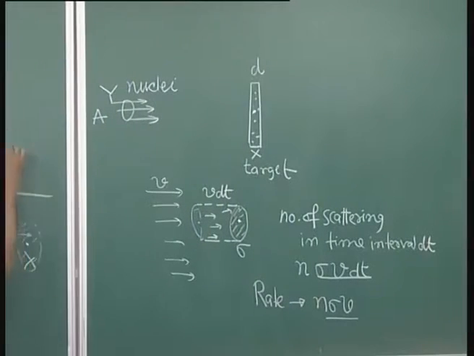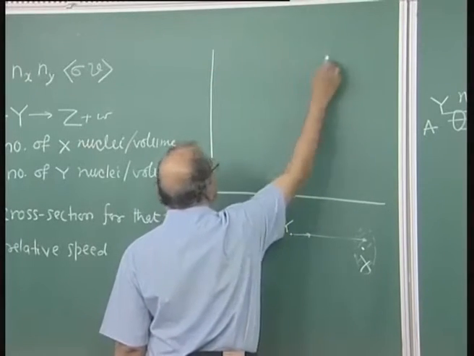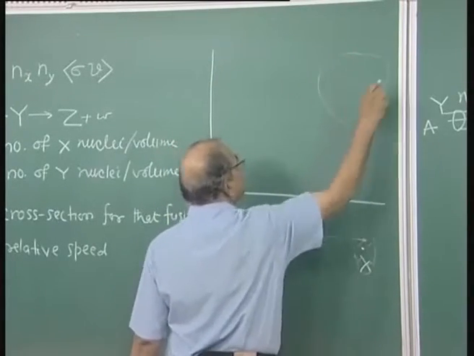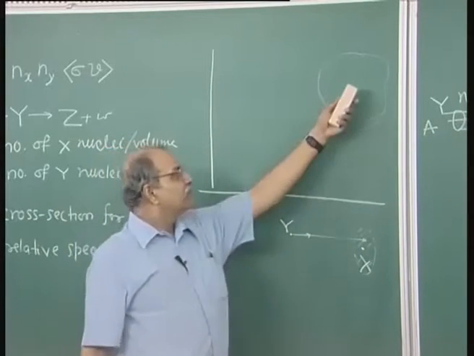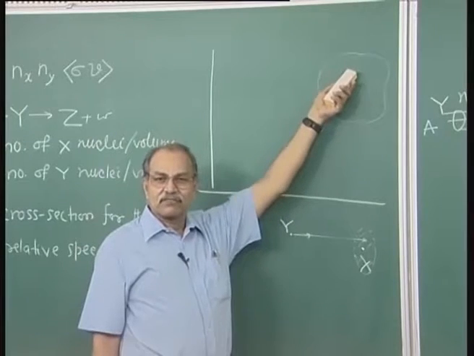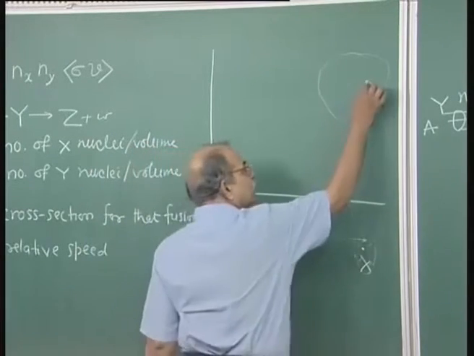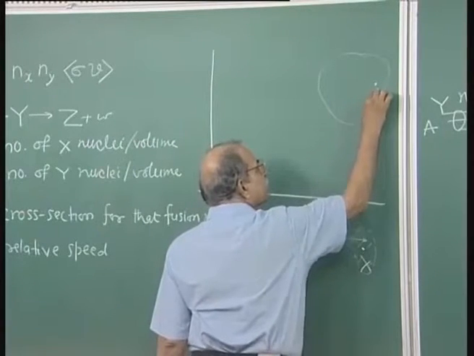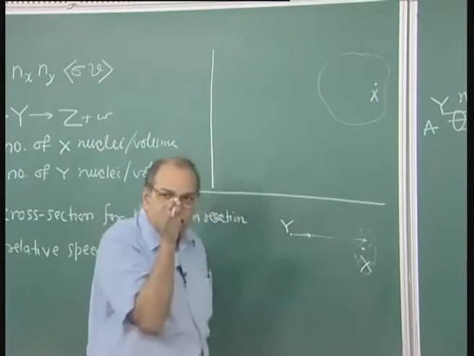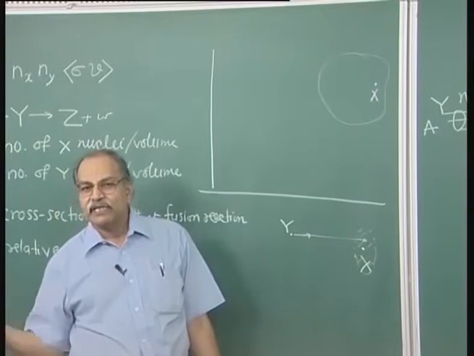What I can do here is, once again, in this thermonuclear plasma you have a volume, and in that volume you have a gas in which x nuclei, y nuclei and electrons are all moving, but still you can consider an x nucleus here, and relative to it look at the velocities of the y nuclei.